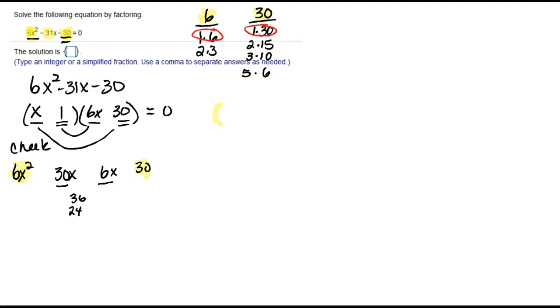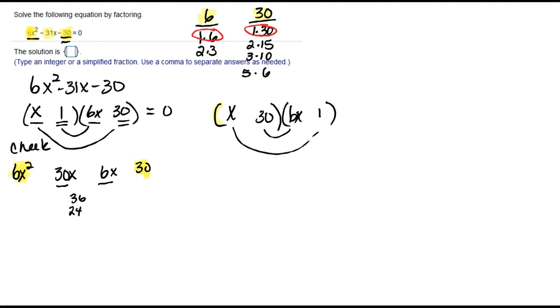So we're going to move on and try another guess. Let me set up my two parentheses again. And I'm going to use the same numbers, but I'm going to switch the order. So have x and 6x, and I'm going to put the 30 here and the 1 here. Now I'm only going to check the inside and the outside. Hopefully you believe me about the first one and the last one being right.